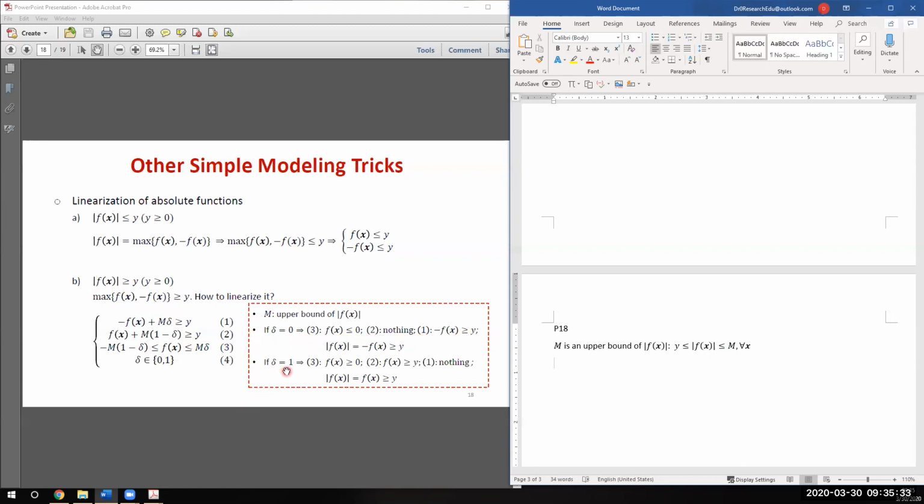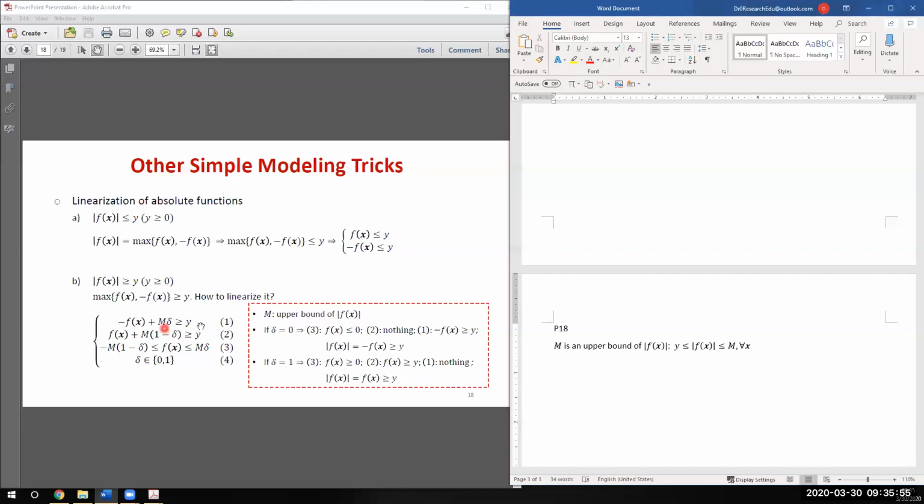And if delta equals 1, let's see what we have. Constraint 3 becomes f(x) is less than or equal to M, of course always satisfied, and greater than or equal to 0. Constraint 2 becomes f(x) is greater than or equal to y.